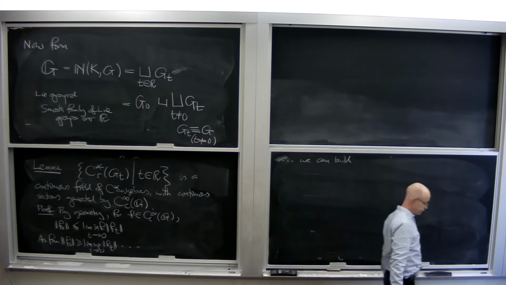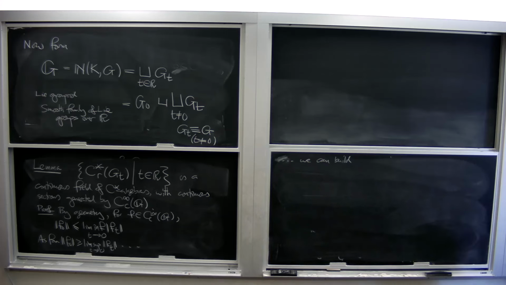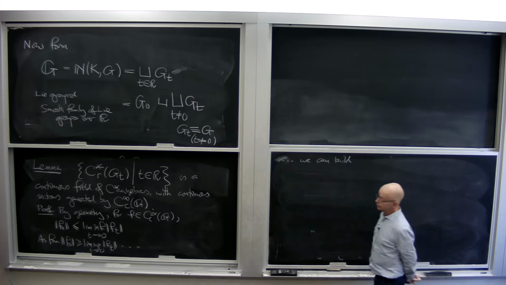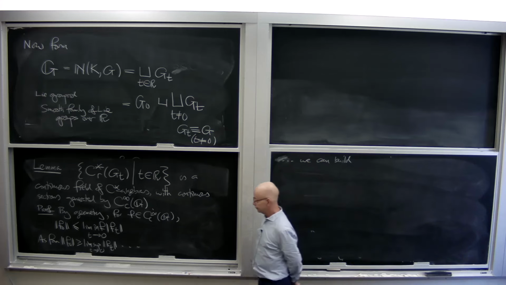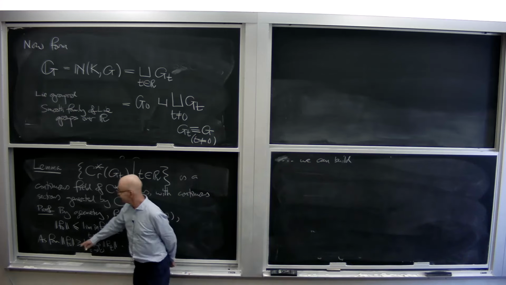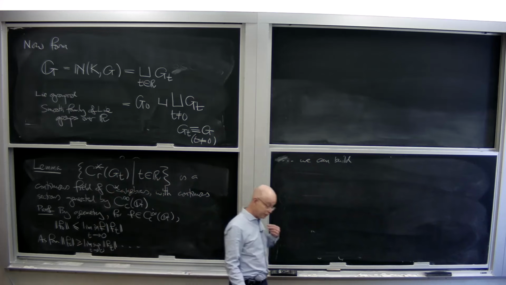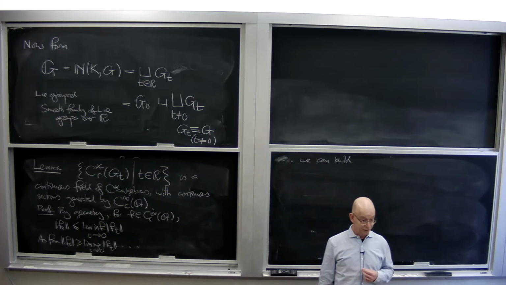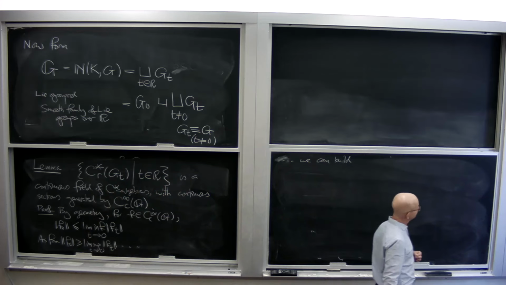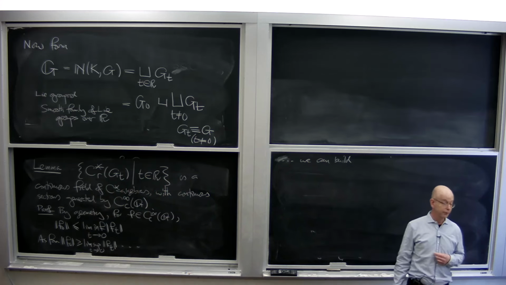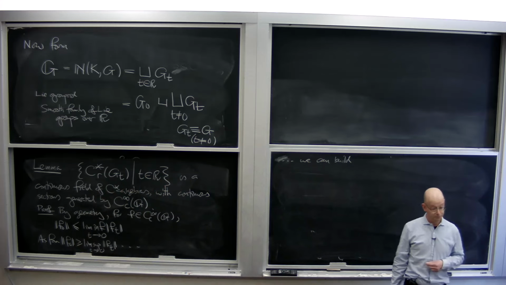In order to do this, we're going to make a construction in which we use not the reduced C-star algebra of G0 to calculate this norm here, but I guess I did say, yeah, these are the norms in the reduced C-star algebra, so I shall use the norm in the max C-star algebra. That won't matter because we're dealing with an amenable group here, so the max norm is equal to the reduced norm.